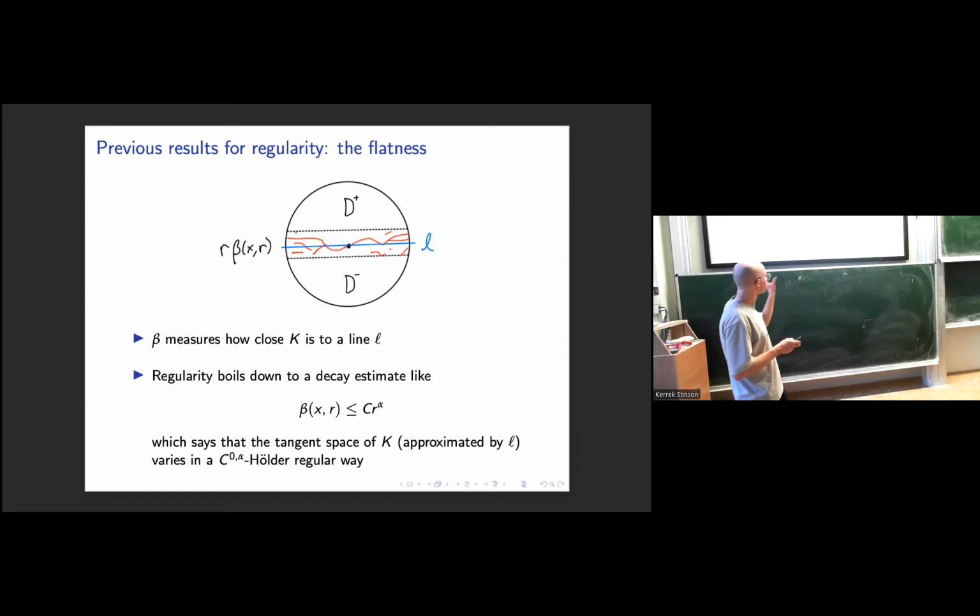So when you get a decay of the flatness, you're saying that the oscillations in these approximate tangent planes are Holder. And then you can get that the surface is actually Holder. This is like Campanato's criteria that you use when you first do regularity theory for elliptic equations. So this is where you want to go, and we'll maybe loop back to this.